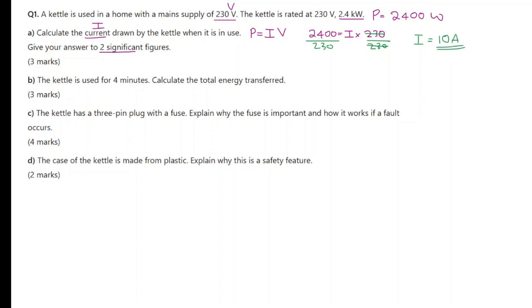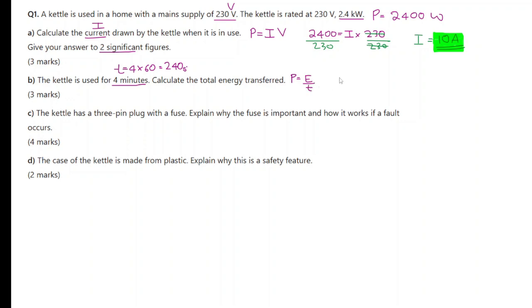First part. Second part. The kettle is used for 4 minutes. So I know the time is 4 times 60 seconds. That's 240 seconds. Calculate the total energy transferred. Remember, the formula for power is energy divided by time.